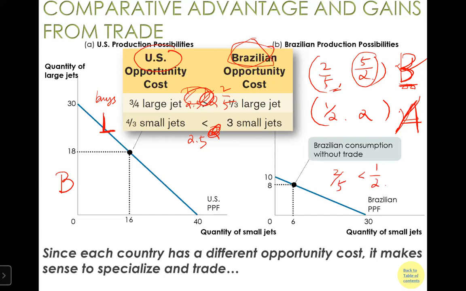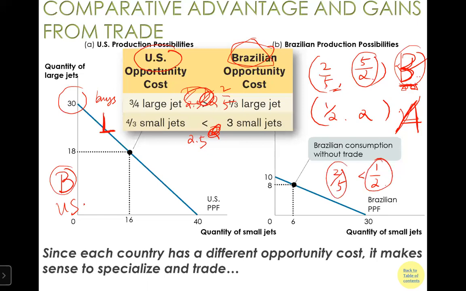Clearly you can see from here that under B, the US is better off and Brazil is worse off, simply because under B the price of the US's specialized good is more expensive, and under price B Brazil's specialized good has a lower price.